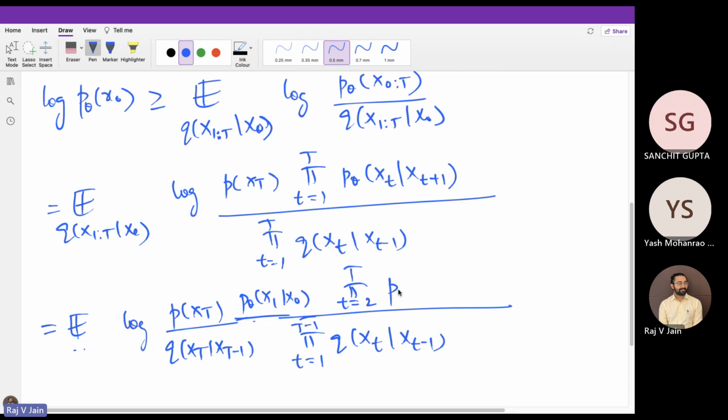And then I have p theta of the same xt minus 1 given xt. So what was this?